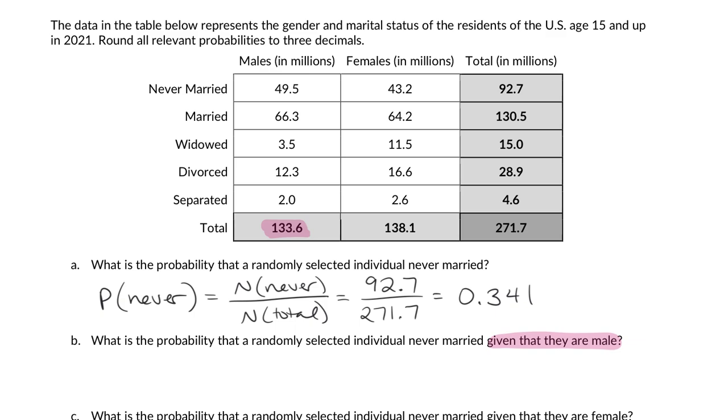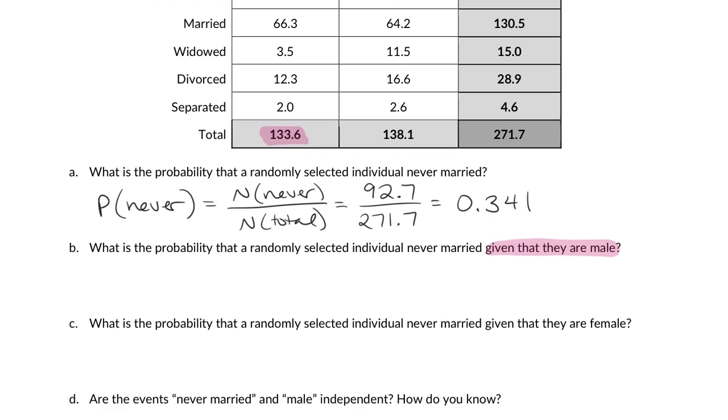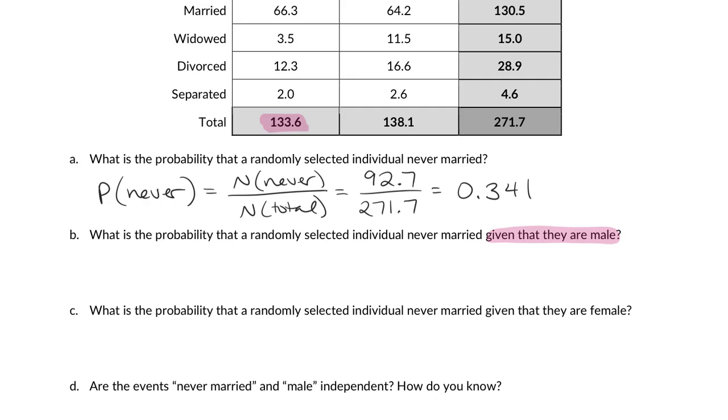column. It's a given. So if I were writing this one down with the correct formula, I would say the probability that a randomly selected individual never married, given they are male, would be found by finding the overlap between never and male over the number in the survey that are male.